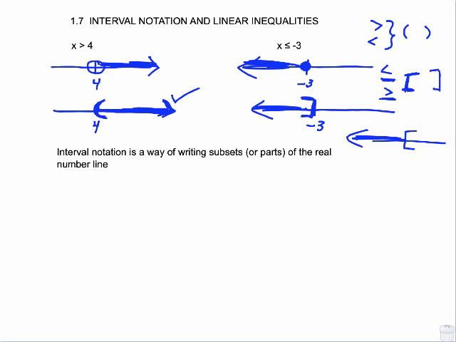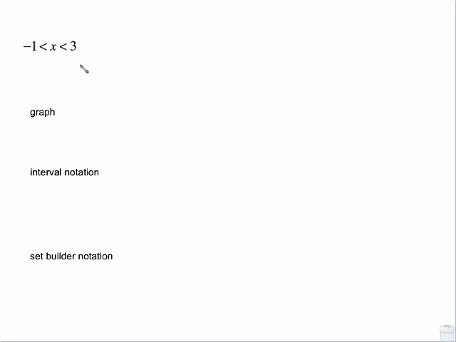So let's look at some of these in general. When you do the interval notation for something like this, the first thing we want to do is look at the graph. Now this is a compound inequality, and what this is saying is that the x is located between the -1 and 3, which means we need to shade between the -1 and 3.